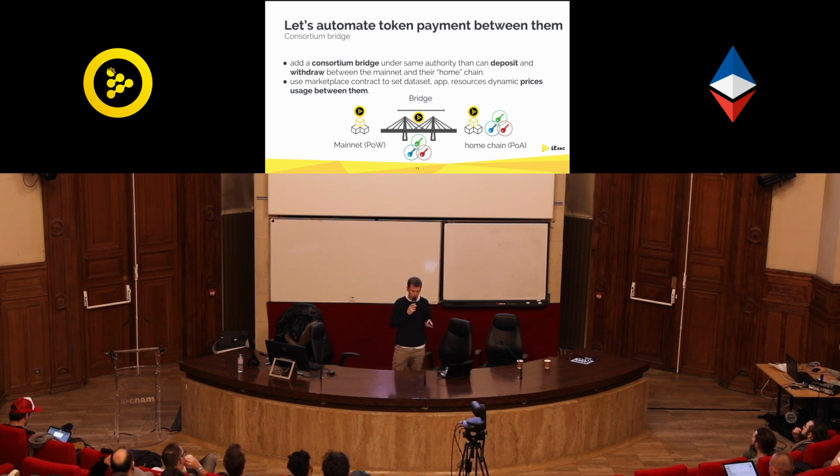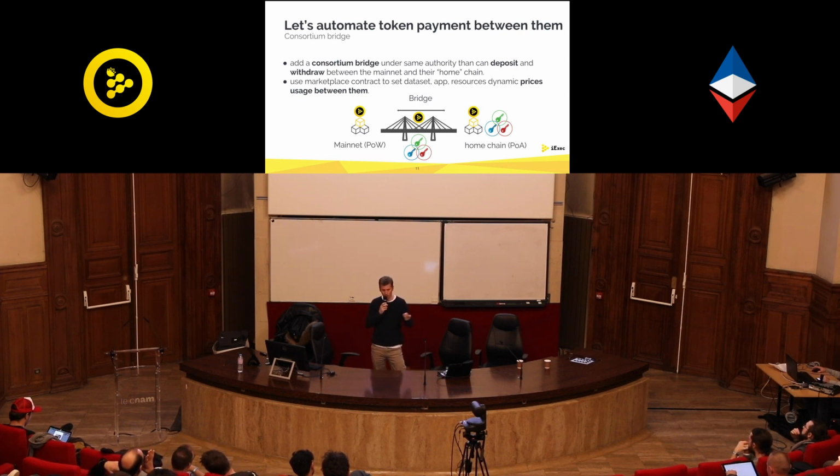And we will see that we can add other levels of features. So you can introduce a bridge under the same authority, and this can automate token payment between them. Each time, one authority can deposit and withdraw, and then all the auditability and transactions are in the PoA in their home chain. And the cool feature is they can add dynamic prices for their resources. So this is the second level where we can add some features.